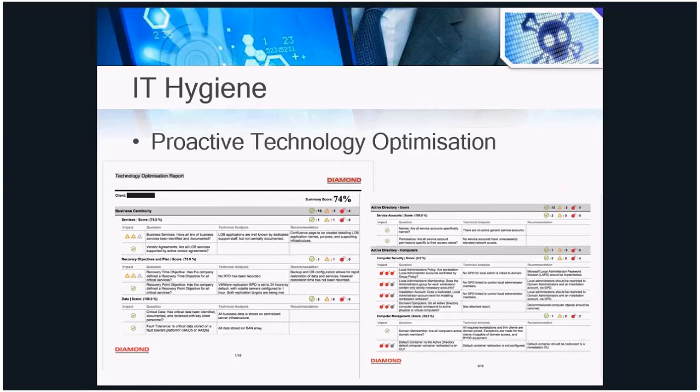But technology and threats are changing so rapidly that it's actually imperative to continually evaluate the configuration and design of your network, and if necessary, make changes in line with the changing industry best practices. Some of the reports that you see here are examples of areas that our technology optimization team are continuously evaluating and improving, regardless of how the system was initially set up.